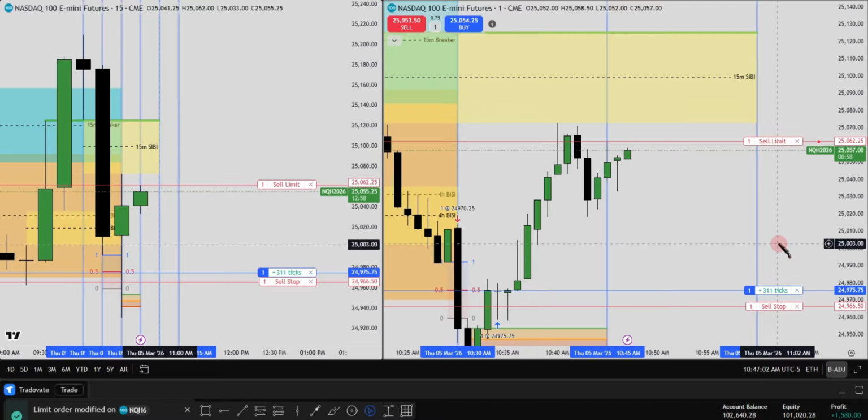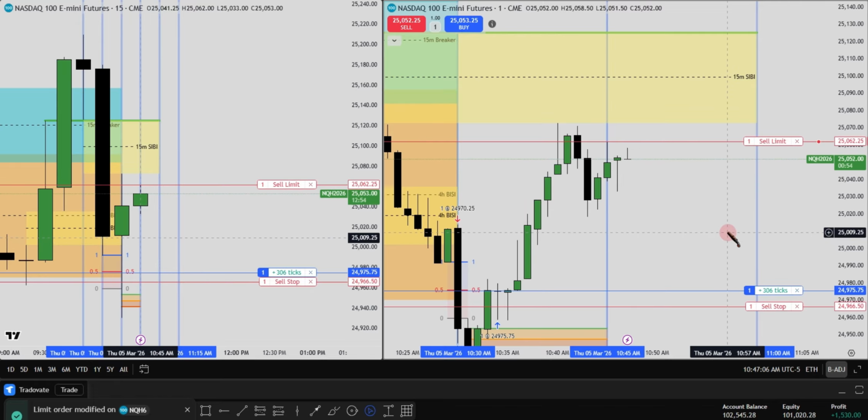Okay. See if we can get up there and bump that. And for me, that's good enough, and it's not only good enough, but it's a full trade following my rules.